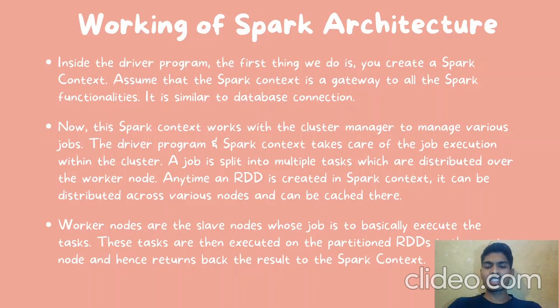Then the cluster manager negotiates the resources and sends the tasks to the executors or the worker nodes. Then the worker nodes perform their operation or execute the task and return the results to the cluster manager and the Spark context. And during the whole process, the driver program monitors the set of executors and schedules the future tasks. Means it monitors all the worker nodes.